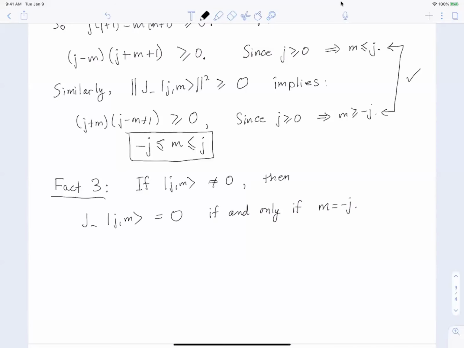Okay, so sometimes if I have a ket that's non-null, I can act with j minus and make it null, but that only works if m is minus j. Okay, so let's do the proof. Now this is if and only if, so the proof is going to have two parts. There's the if and the only if. So let's say m is minus j.